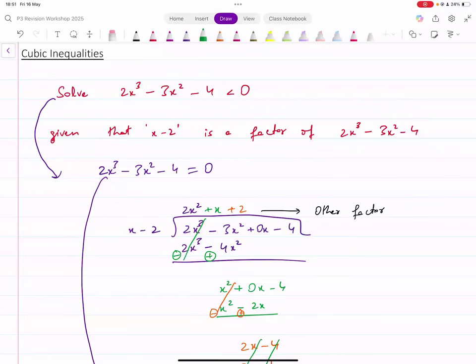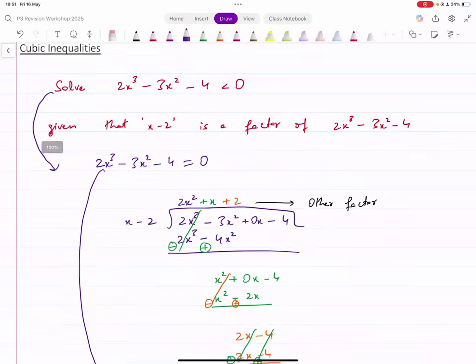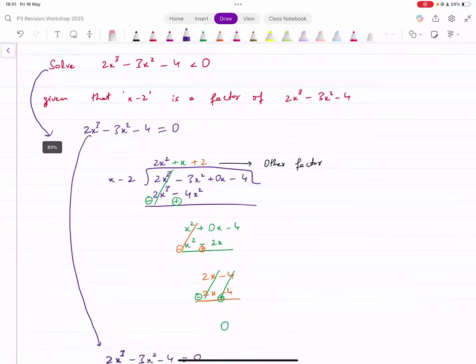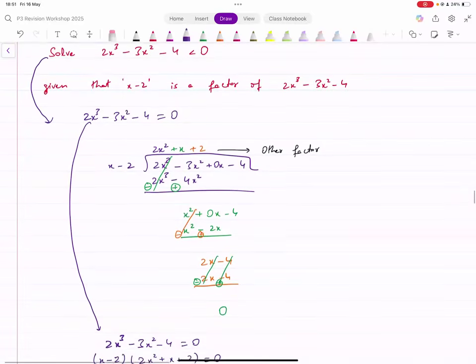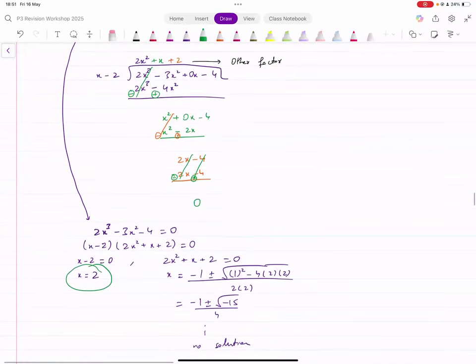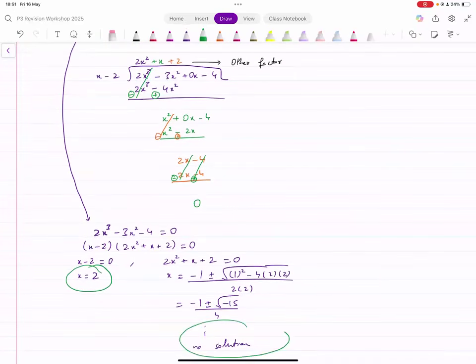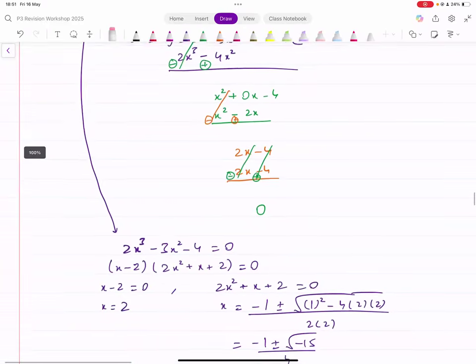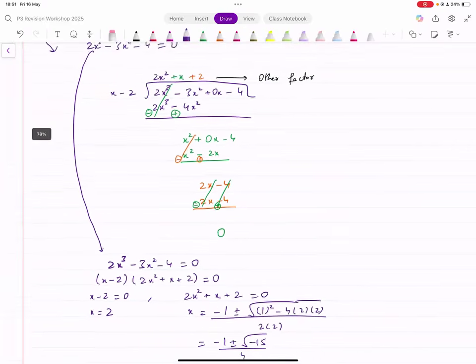Factorize this like we did previously, and find the value of x. You're getting x equals 2 here, and the quadratic factor is not giving you any factor. X equals 2 is the only solution that you're getting, so the solution of the equation is x equals 2.